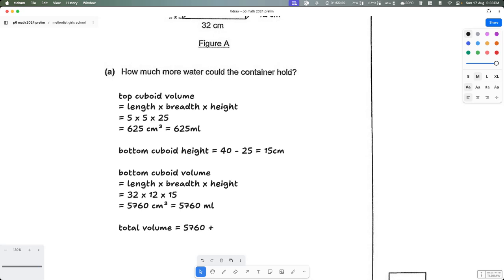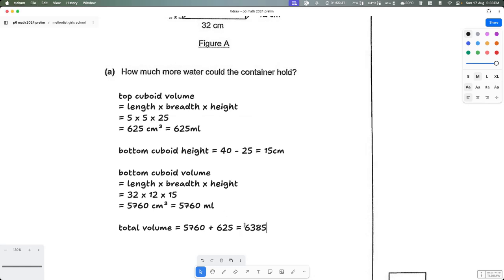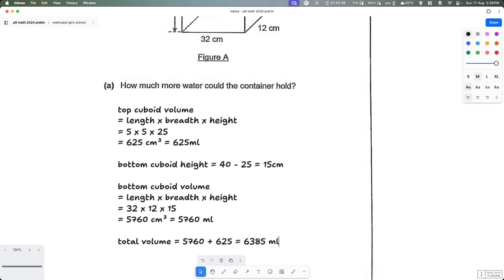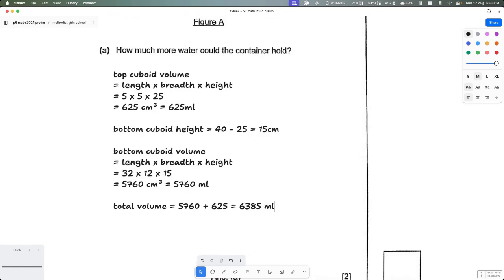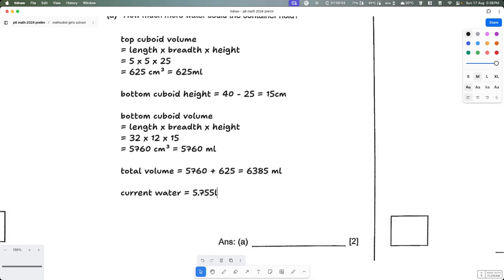Okay, so now we can calculate the total volume, which is equal to 5760 plus 625, 6385. So 6385 milliliters. The current water is 5.755 liters, if I'm not wrong, which is equal to 5,755 milliliters.